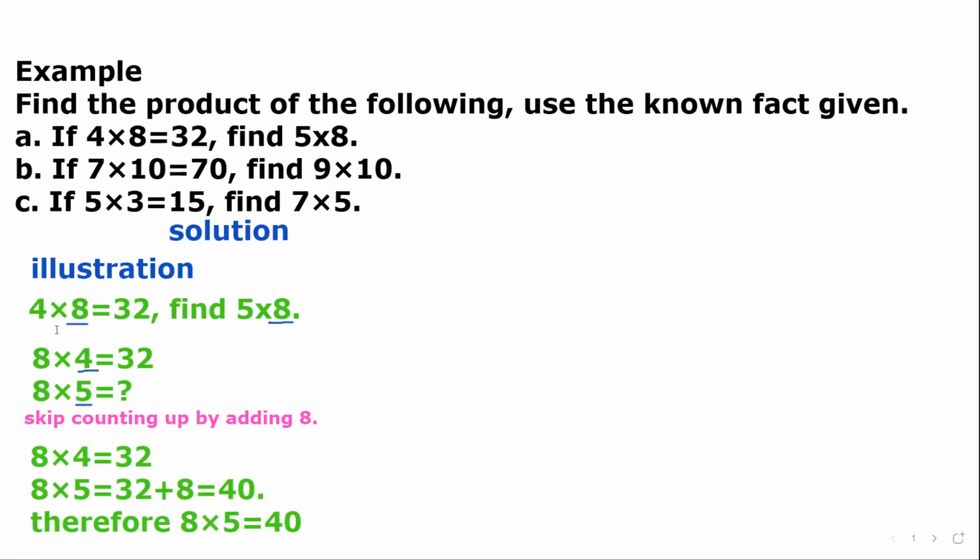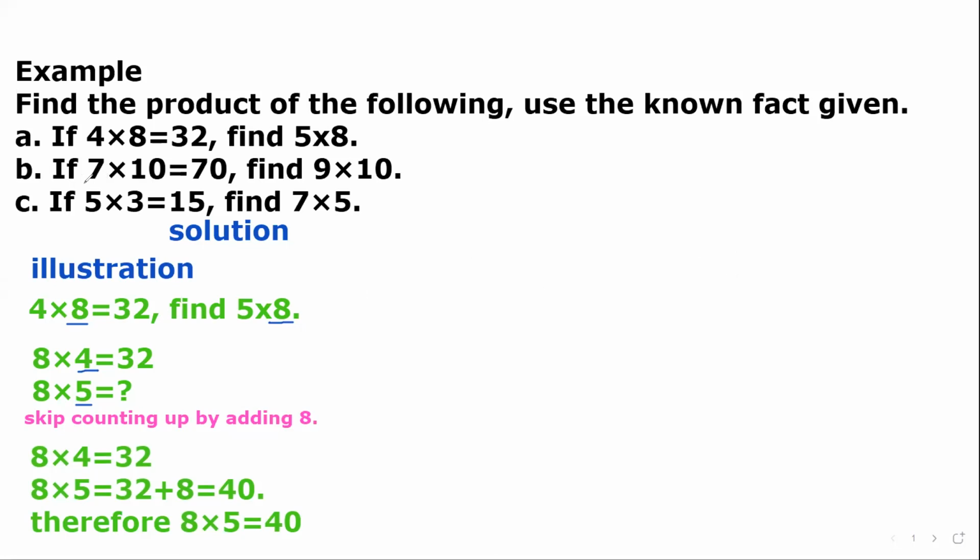Good. Now, let's solve the B. Let's identify the multiplier here.